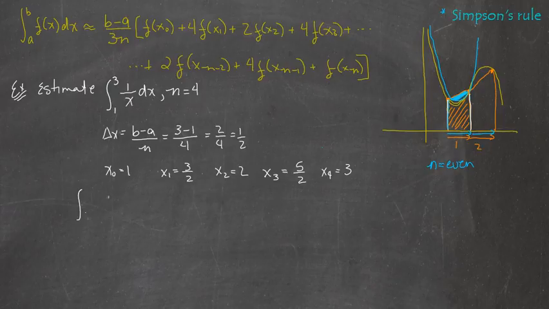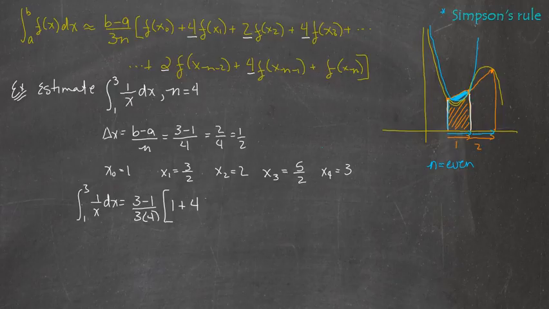So the integral on the interval between 1 and 3 of 1 over x dx can be approximated by 3 minus 1, still using b minus a, over 3 times n, where n equals 4, times, well, 1 over 1 is 1, plus 4, remember we have to constantly be remembering to use our multiplied coefficients in the front. Regardless of what the function gives us, we're going to multiply in an extra value.